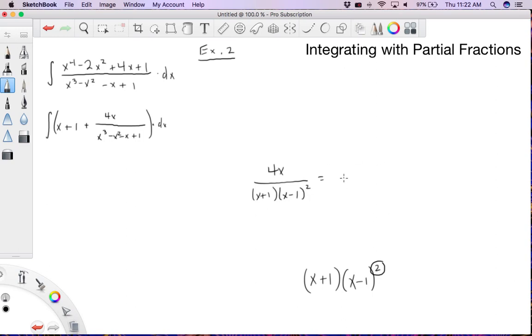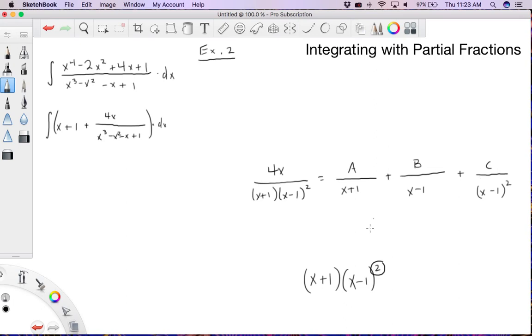Okay, so basically, the new thing is this could be the decomposition of A over x plus 1 and B over x minus 1 and C over x minus 1 squared.